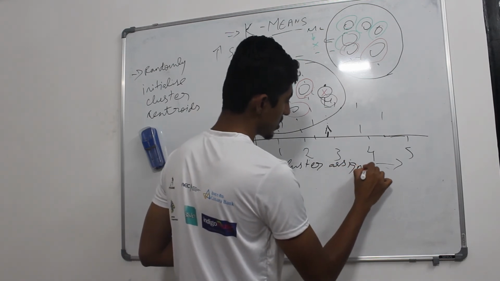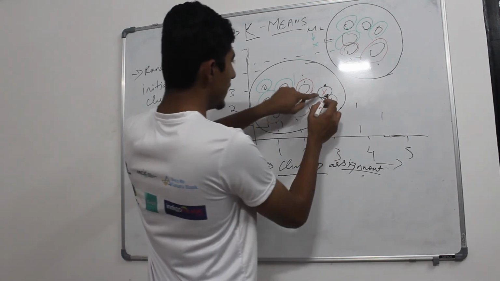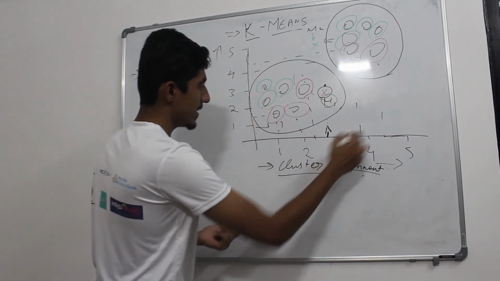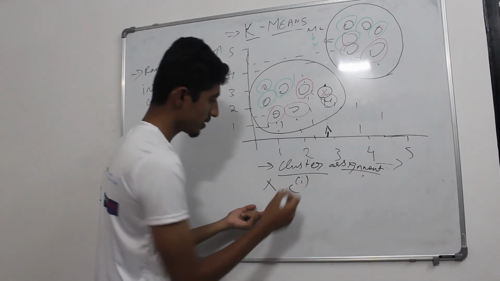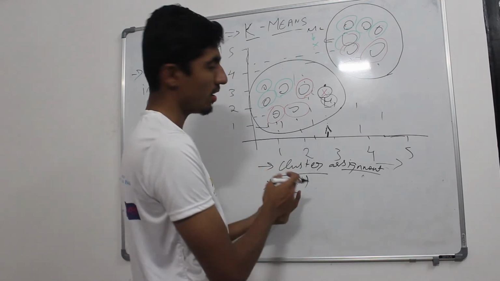The cluster assignment step. As I said, we'll consider all data points as x and each cluster as c of i, depending on the number of clusters that are available.